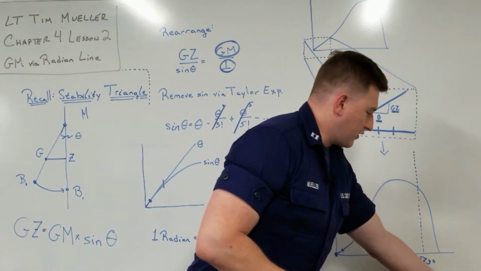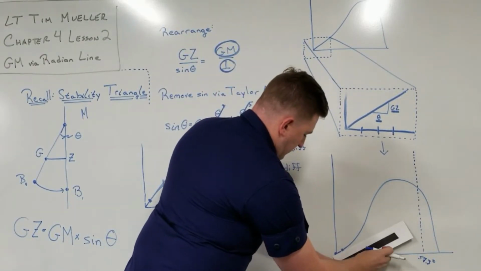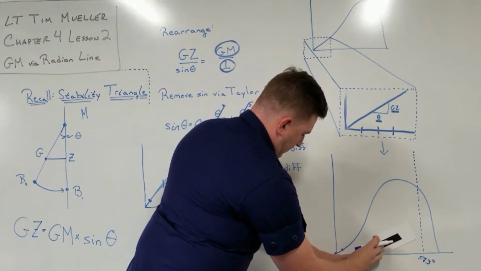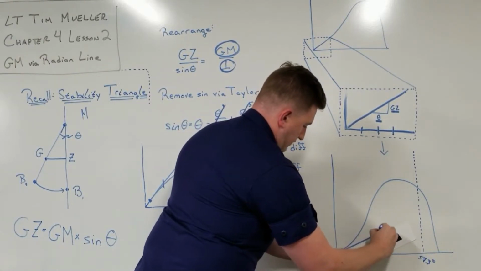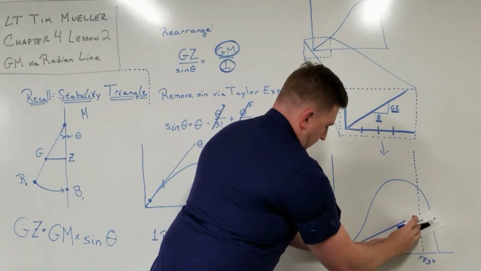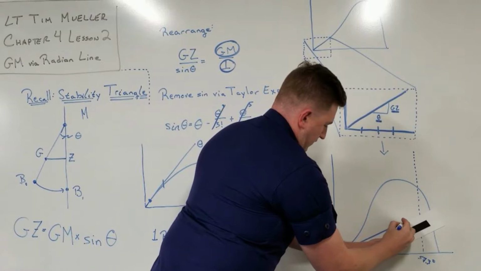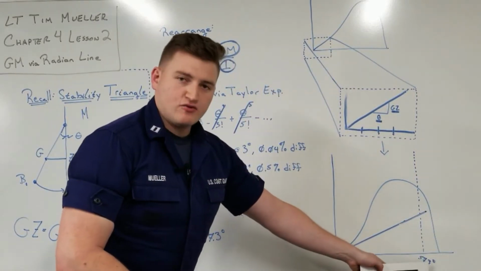Then you can take a ruler or some sort of straight edge, connect the 2 dots, and then just draw a straight line. And then continue that all the way until you hit that 57.3 degree radian line.